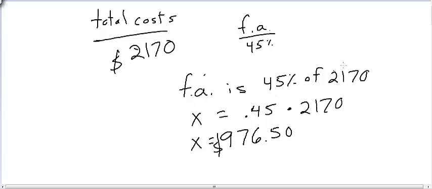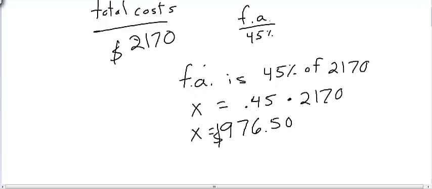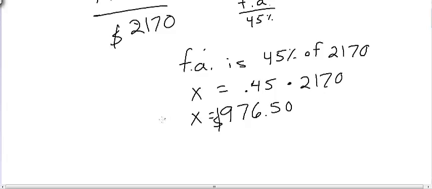Now I'm not done. That tells me how much financial aid is covering, which means what's left over is for the student to cover. So the student is going to pay whatever's left after you take away the $976.50 from the original value.